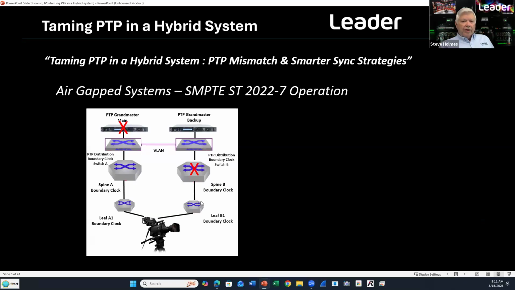So one of the things that we do is provide a PTP distribution layer that is above the spines. And this distribution layer only deals with PTP, but it lets the two grandmasters talk to each other and provide PTP down both paths from a single generator.